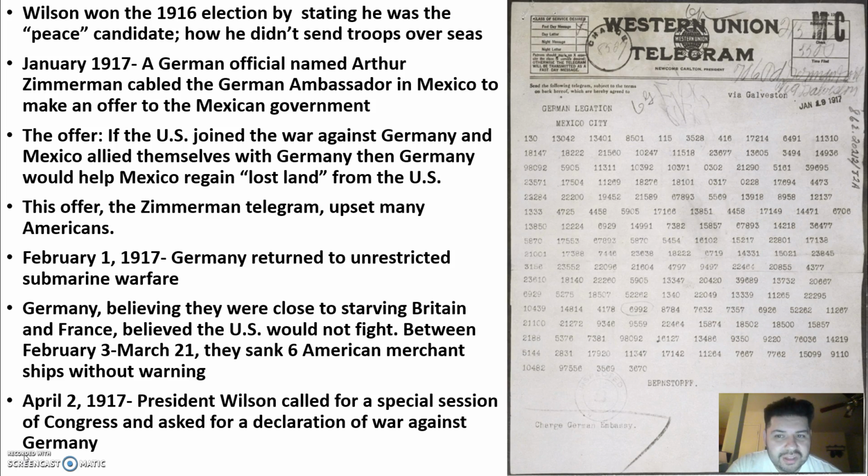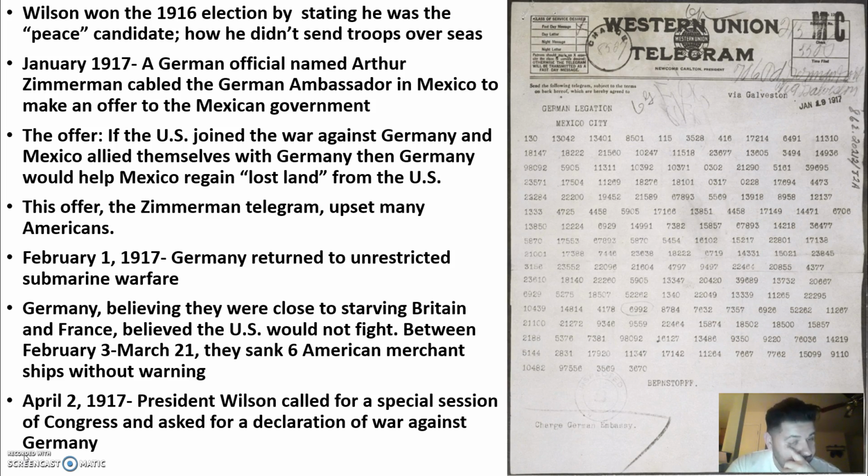The offer was this: if the US joined the war against Germany, and if Mexico allied themselves with Germany, then Germany would help Mexico take back some of the land that the US had, states like New Mexico, Arizona, Utah, California. Those states that Mexico once had, Germany is promising them: if you help us out, then we'll help you out.